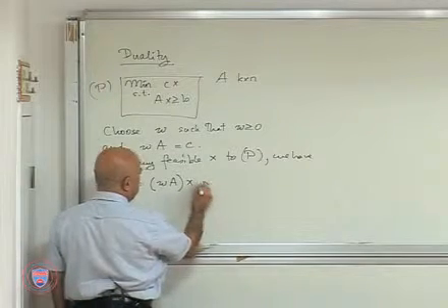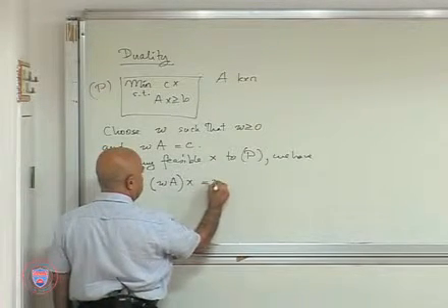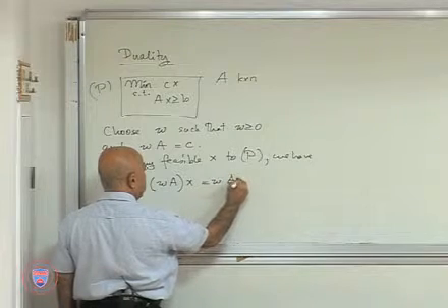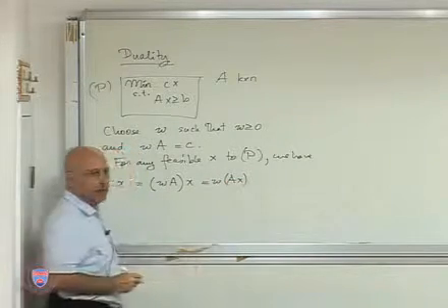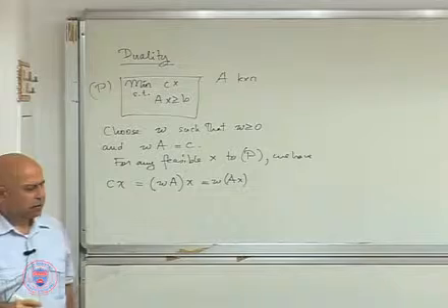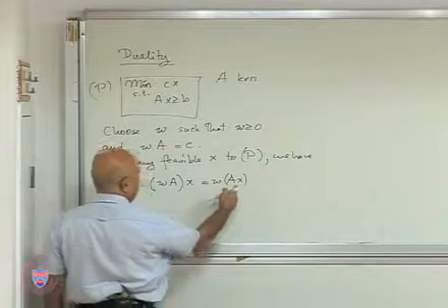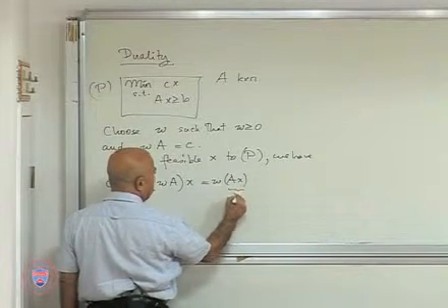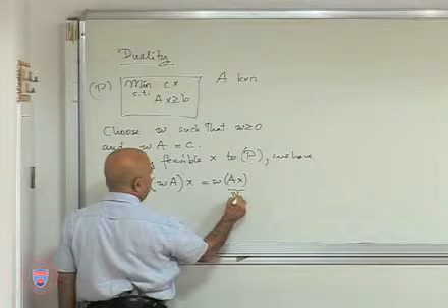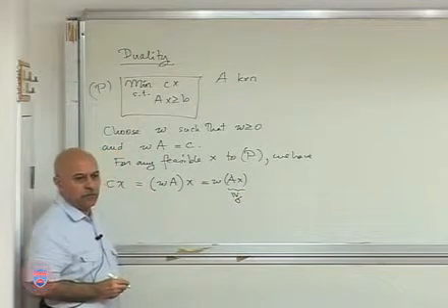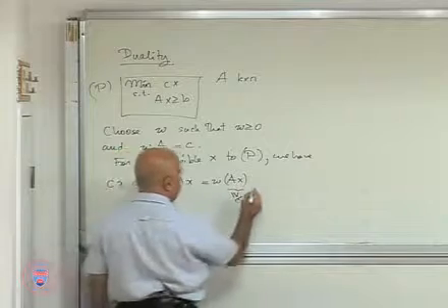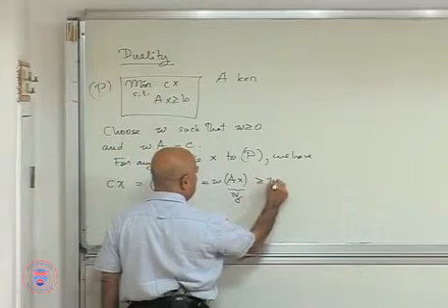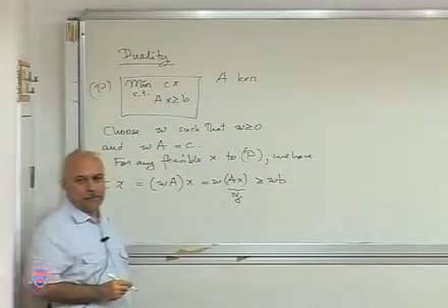And then, of course, if you get rid of the parentheses, you may first multiply A with x and then pre-multiply by W. But Ax, due to the feasibility of x, is greater than or equal to B, which means that this whole thing is greater than or equal to WB.